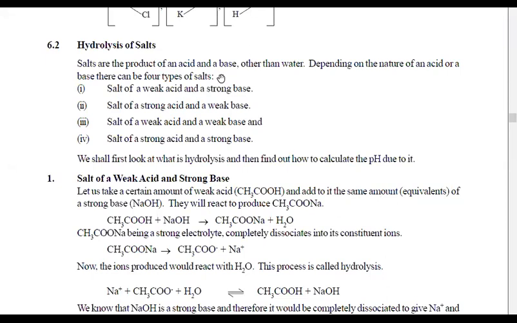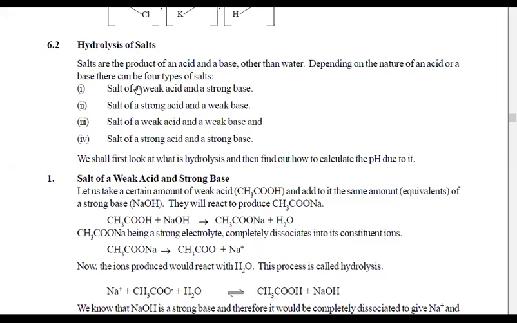If hydrolysis is the reversible reaction of neutralization, it means the salts will react with water to form acid and base.